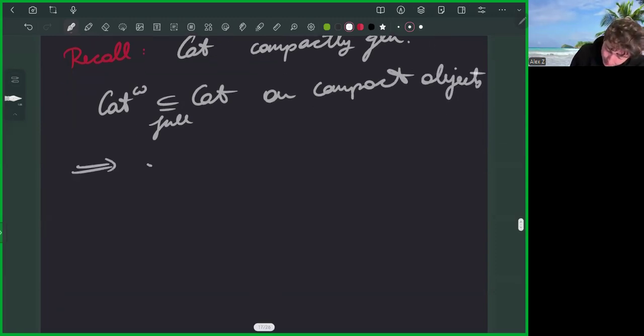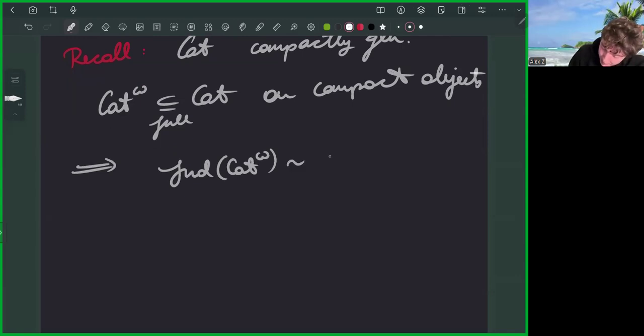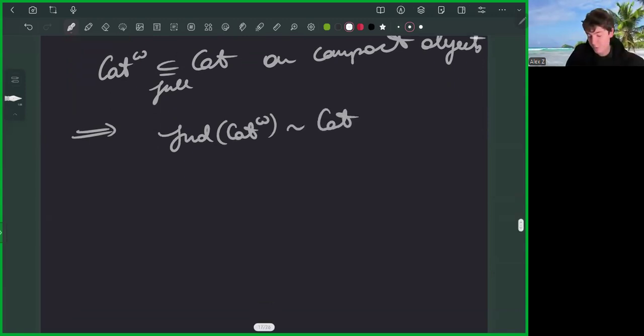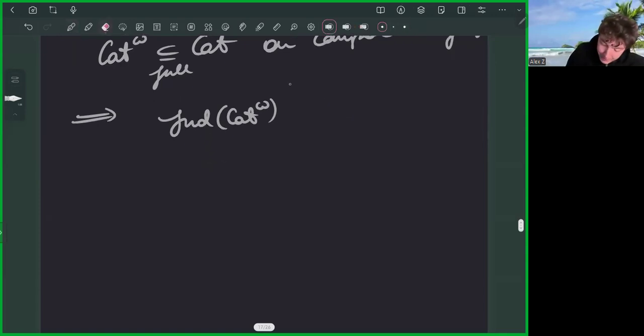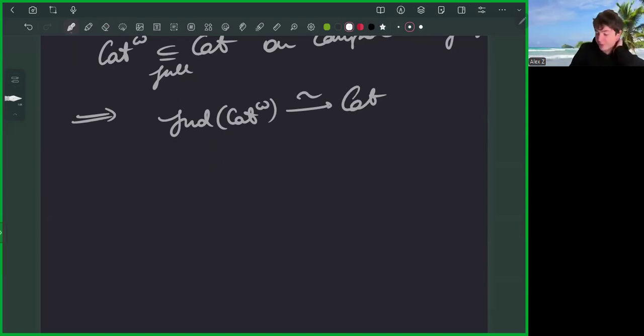Then the Ind completion of Cat omega will be equivalent to Cat. Or let me say it differently: the canonical functor from the Ind completion into Cat will be an equivalence.